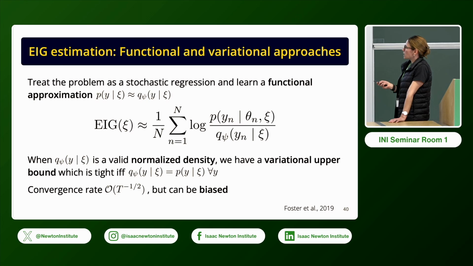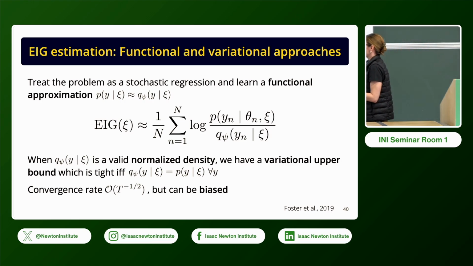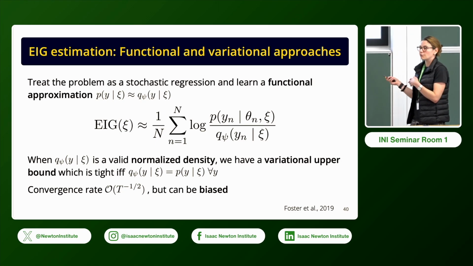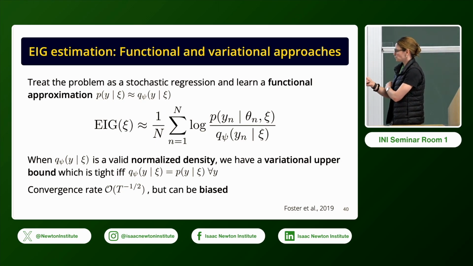The cool thing is that when Q is a valid normalized density, we end up with a variational upper bound on the expected information gain. And we know that it is tight if and only if you are recovering the true marginal distribution.